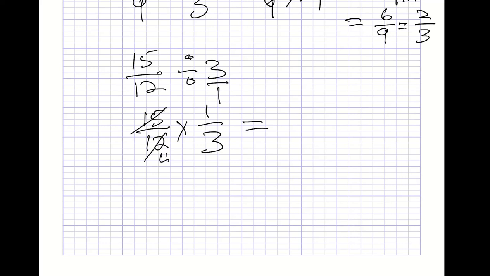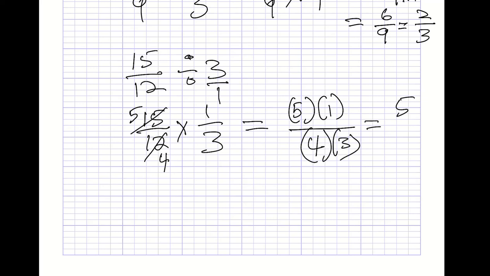Right? See? You can even break this down. 3 going here, 4. 3 going here, 5, right? So then you say 5 times 1 over 4 times 3, which is the same thing as 5 over, what is this, 12? Yeah, that's the answer.